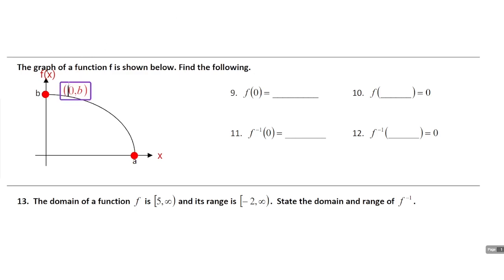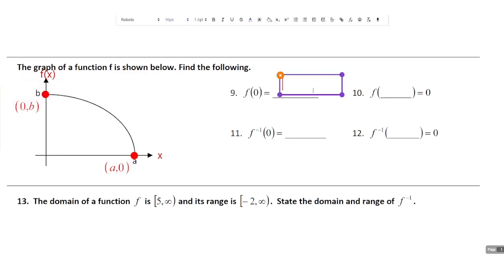Just know it's b. And this point over here, this x-intercept, is a, comma, 0. So if this first question, number 9, is asking what's f of 0, well, when x is 0, the y value is b. Our answer is just b here.